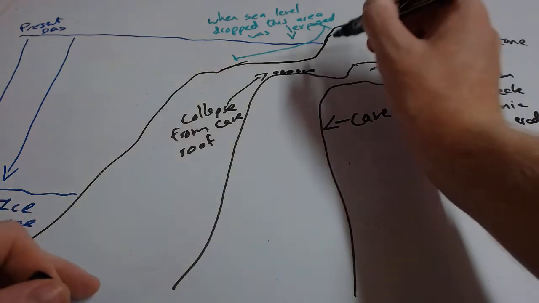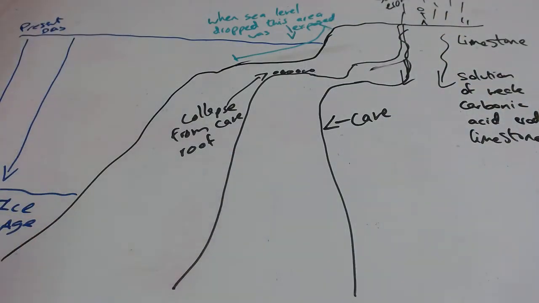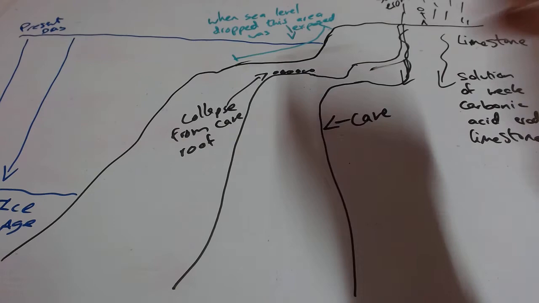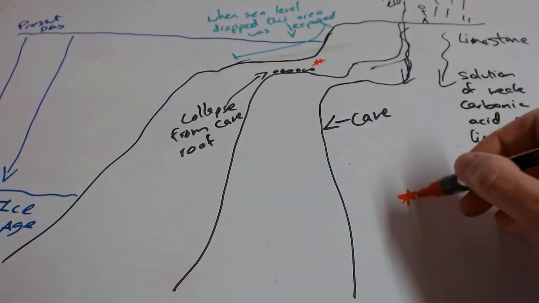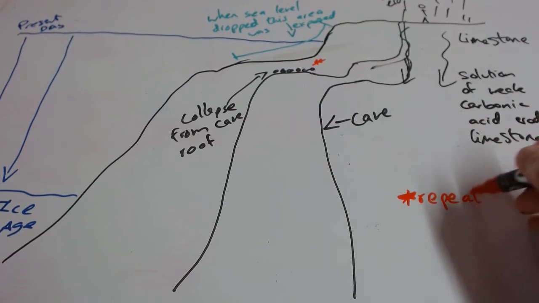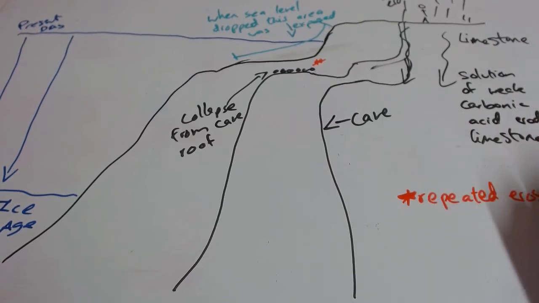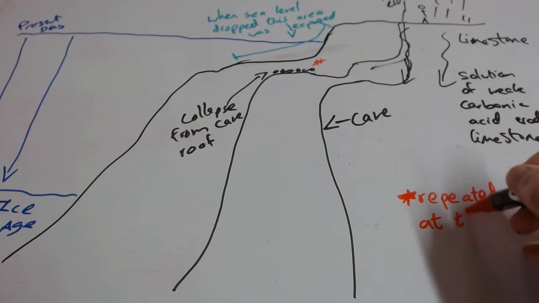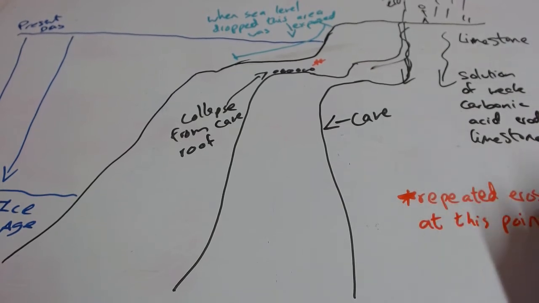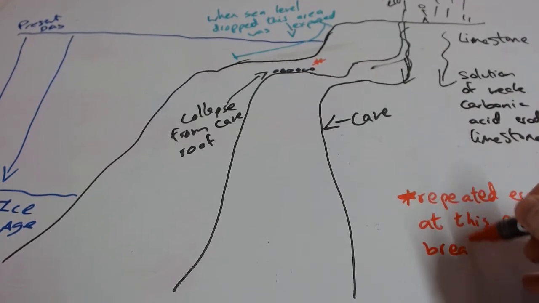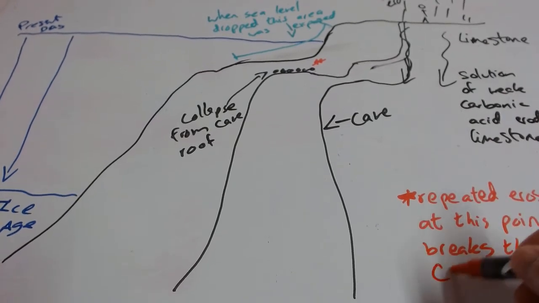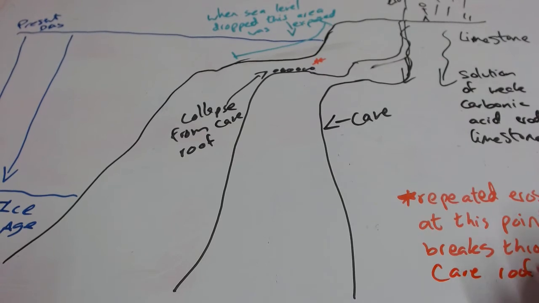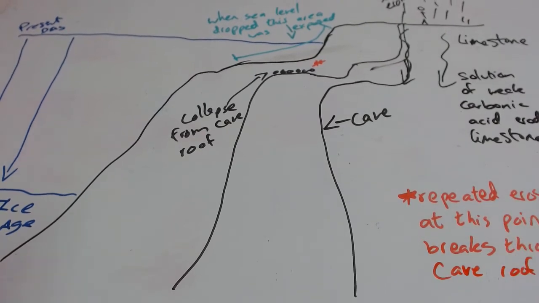So I'll put a little red star beside that, and out here. Repeated erosion at this point breaks through the cave roof.